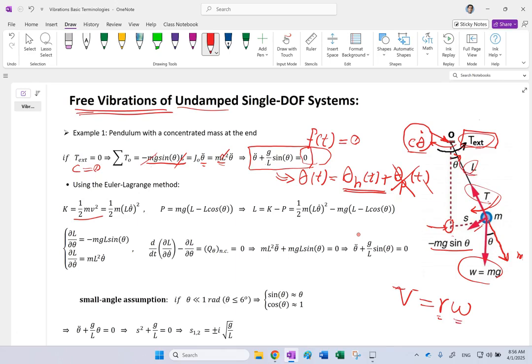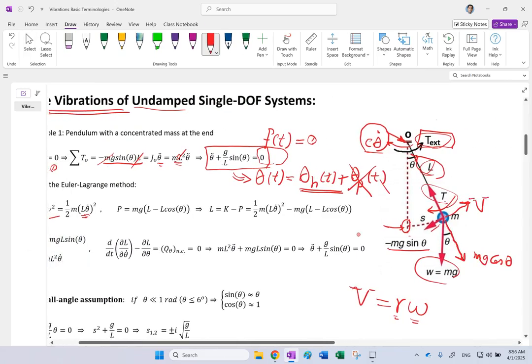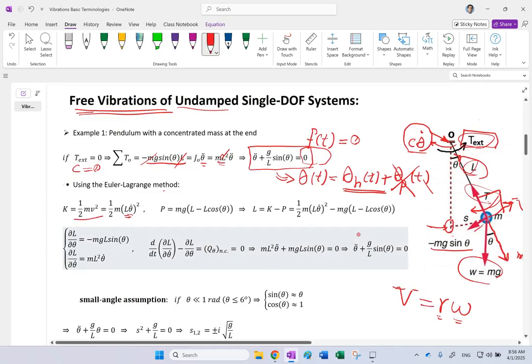In this case, r is equal to L. Omega is the same as theta dot, so your velocity v is going to be L theta dot. So when the object moves in this direction, this velocity is perpendicular to that rope, and is equal to L times what? Theta dot. So that is going to be the kinetic energy.